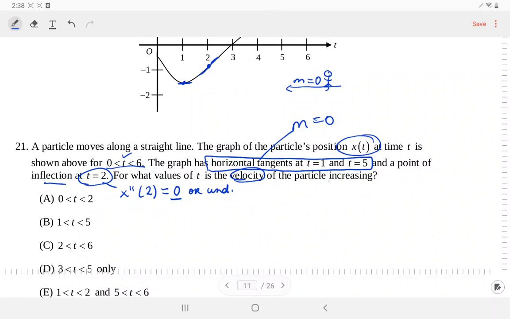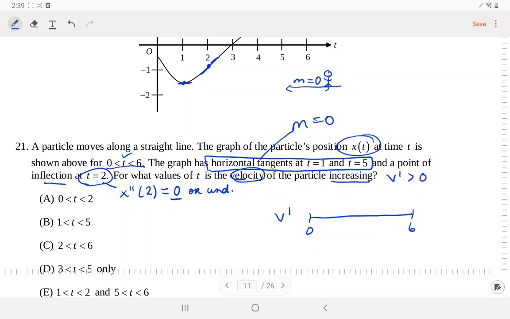Okay, velocity is supposed to be increasing. They're not saying position is increasing. They're saying velocity is increasing. So I need a velocity prime number line from 0 to 6. Okay, because they want the velocity prime to be greater than 0.